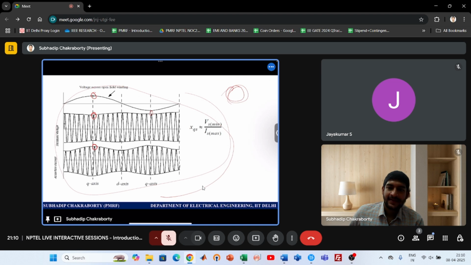Understood, right? Leakage is there, okay, but that leakage path is sometimes getting iron, sometimes getting air. It is varying, right? So its magnitude is varying. XD sometimes, XQ sometimes. So as per one coil, sometimes it is getting more, sometimes less. So the current shift is dependent on the amount of inductance.